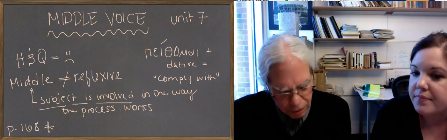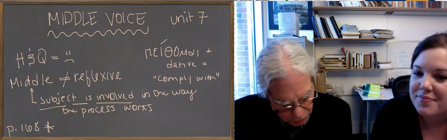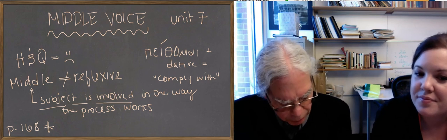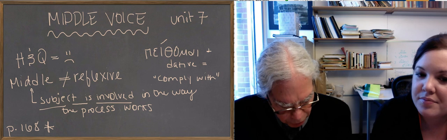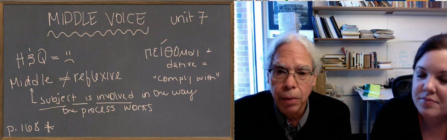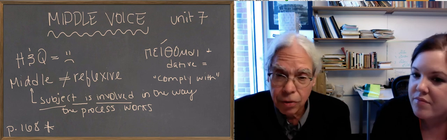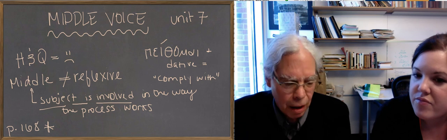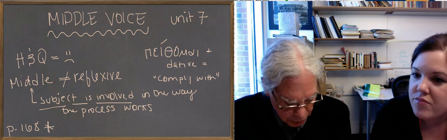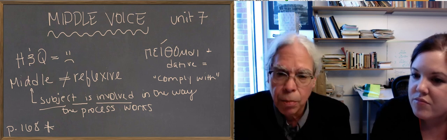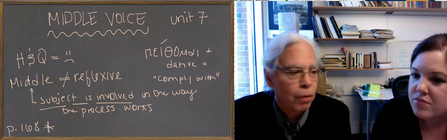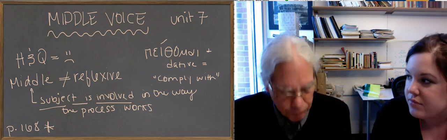Is it helpful? Here are two more. Tatto, the verb that means to draw someone up in battle, or to station someone in a place in battle. That's starting with the subject and ending up outside the subject. And then there's tattomai, the middle, which means to put oneself, to fall into battle order. Okay? All right?